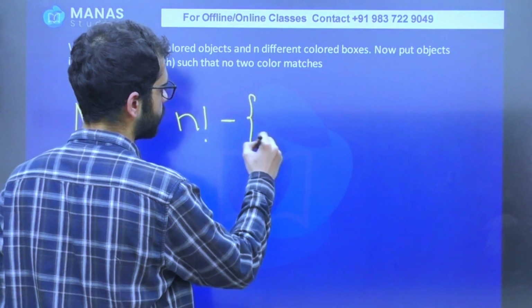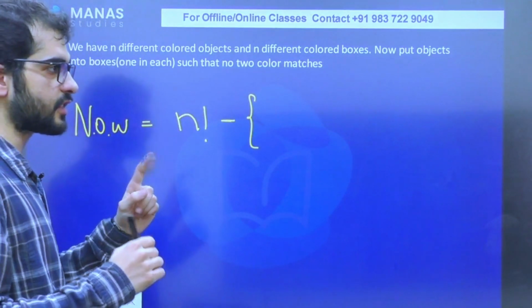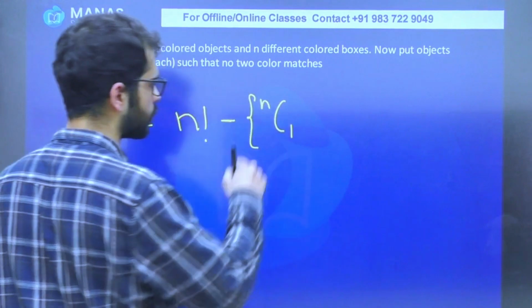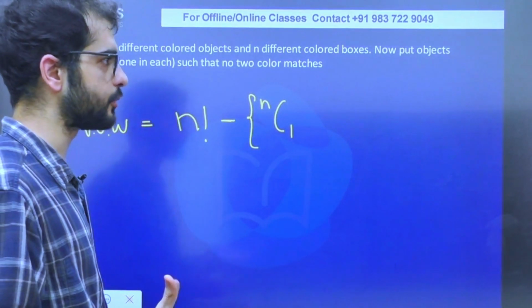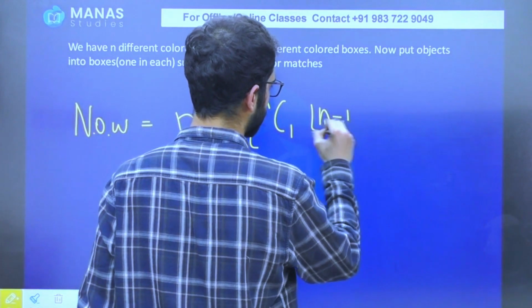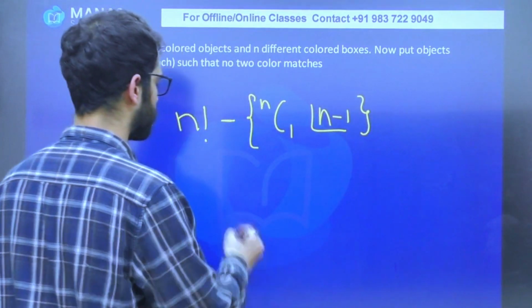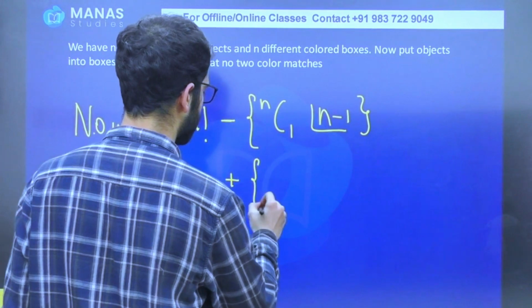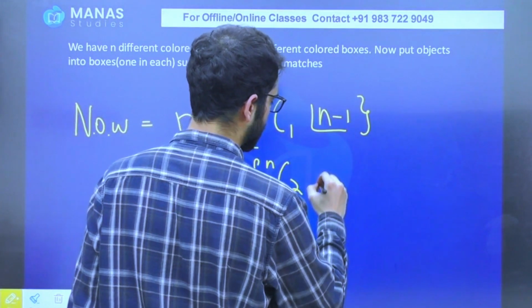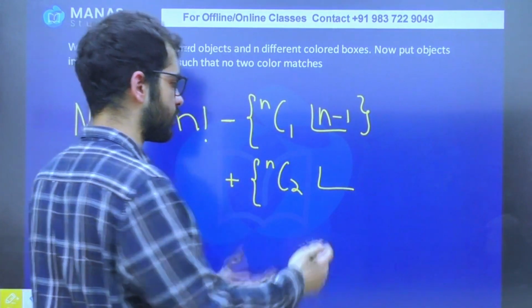Now I have to subtract what? When the restriction is failing at least once. So I am going to choose one object out of n. I am left with n minus 1 objects and n minus 1 boxes. So the ways to arrange them will become n minus 1 factorial. Now I have to consider the case when the restriction is going to fail at least 2 times. So nC2, and now I have n minus 2 objects and n minus 2 boxes.